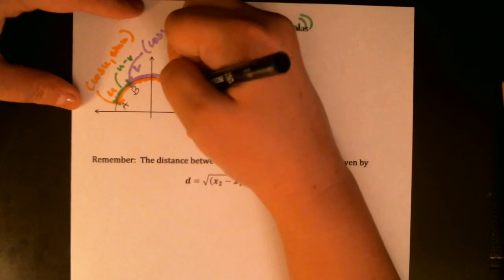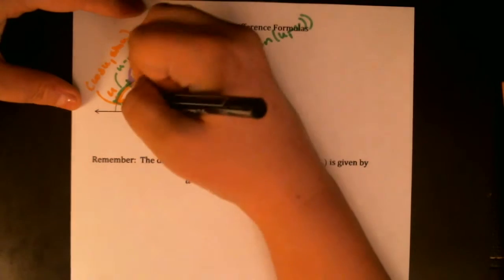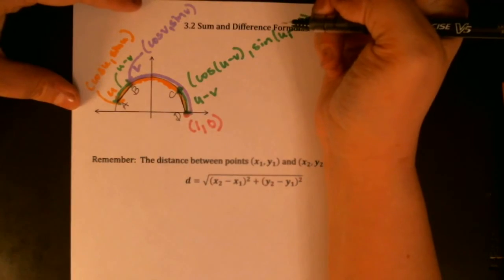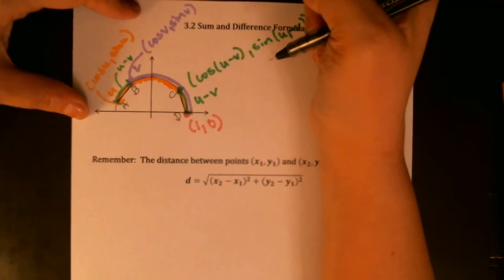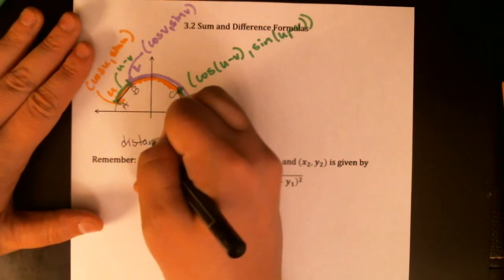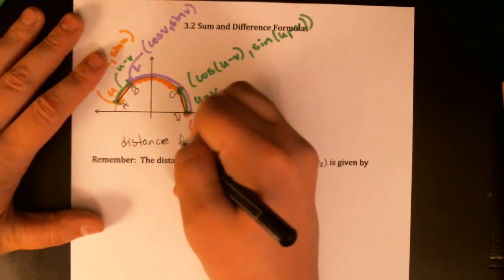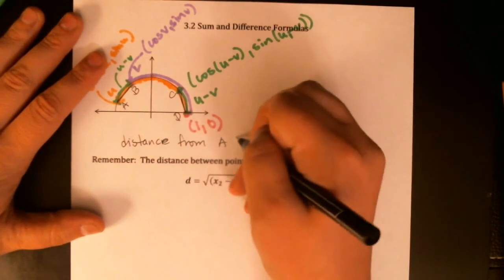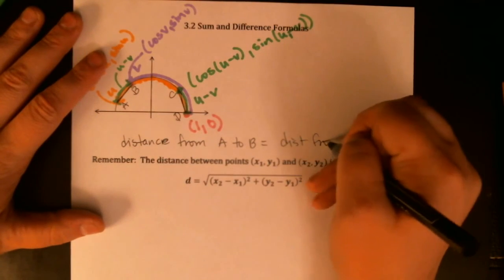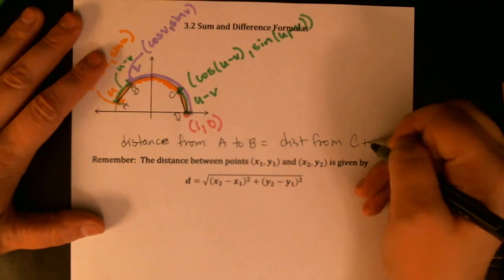If this is point A, and this is point B, and this is point C, and this is point D, the distance from A to B should equal the distance from C to D. That's what's going to build all of this. We're going to say the distance from A to B equals the distance from C to D.